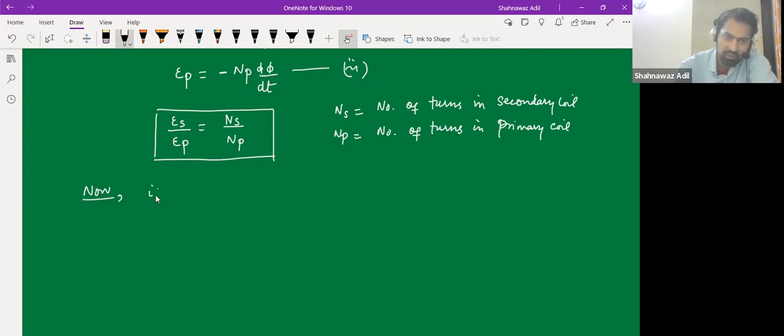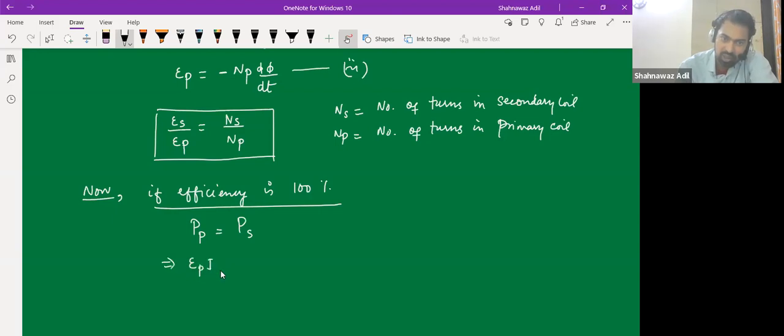So if efficiency is 100%, then power in the primary coil would be equal to power in the secondary coil. So this would be equal to EP, IP, right? And this would be equal to, let me write as I.